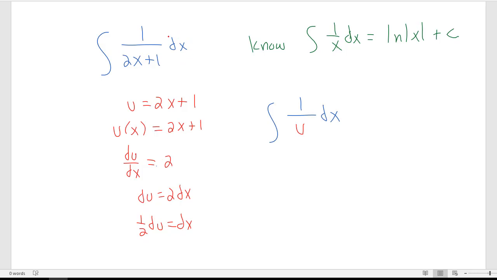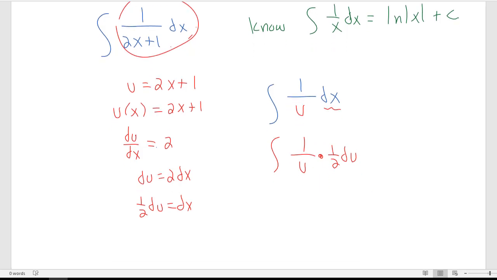So I'm going to come back up here on my integral, and I'm going to replace the dx with this expression. So this dx is now 1/2 du. What we have accomplished at this point is that we have converted my original integral, which was all in terms of x's, to an integral all in terms of u's. We've done a change of variable.